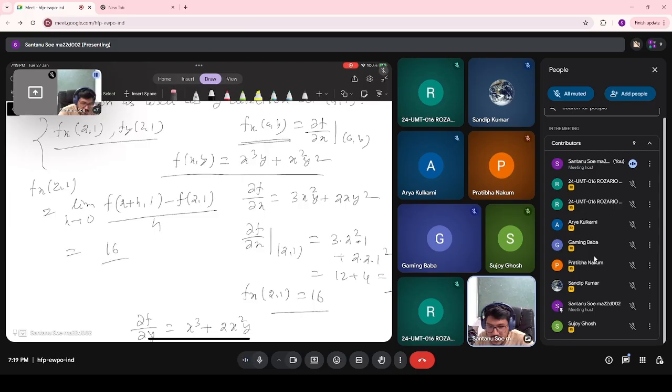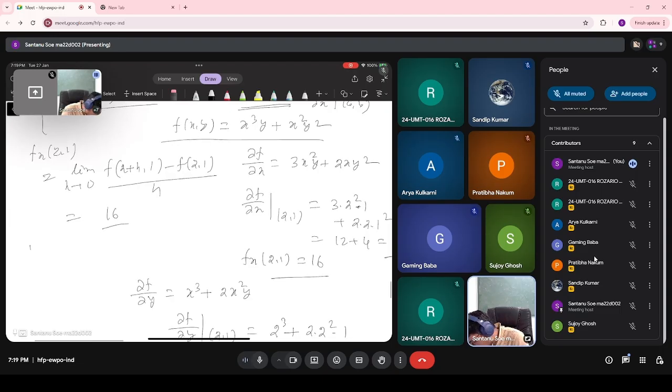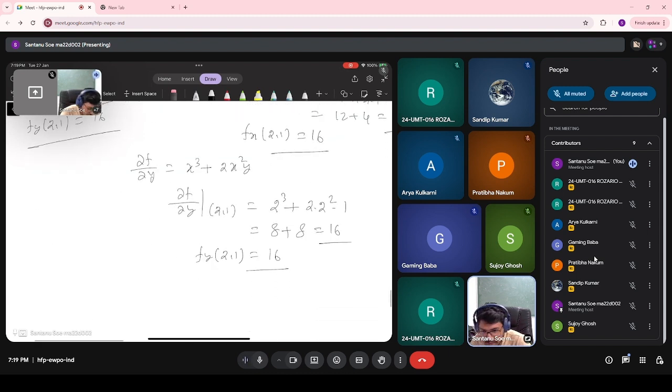But the calculation will be slightly lengthy, that's all. Similarly, you can use the definition for f_y at (2, 1). This will also be 16 using the same definition of the limit as was given in week 1. Any path you can choose, but that will also only be lengthier. That's all.